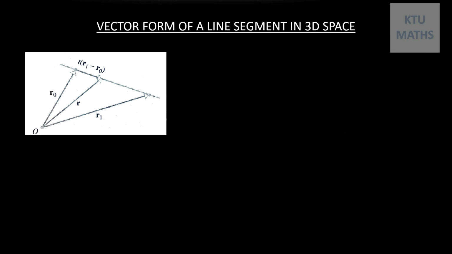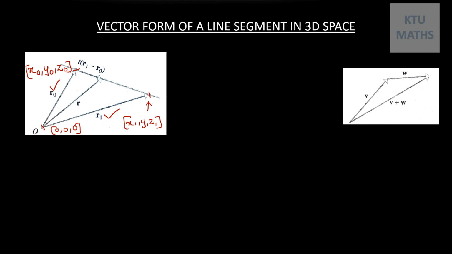We know that vector r0 and vector r1 are vector valued functions because they start from the origin 0, 0, 0 and also have terminal points like this. This terminal point can be understood as x1, y1 and z1, and this terminal point can be understood as x0, y0 and z0.